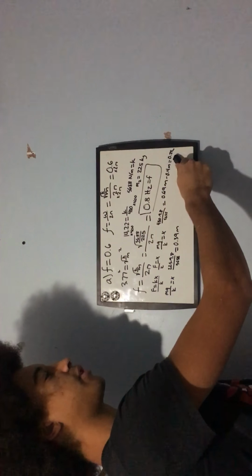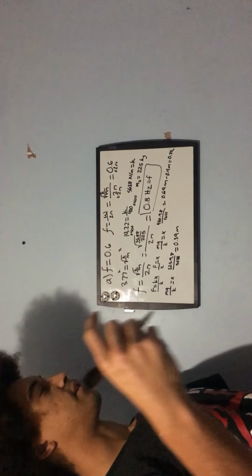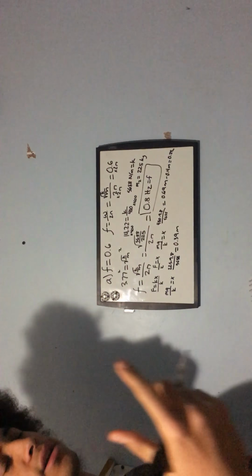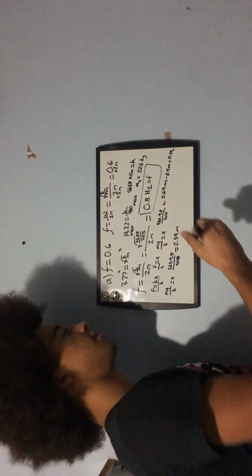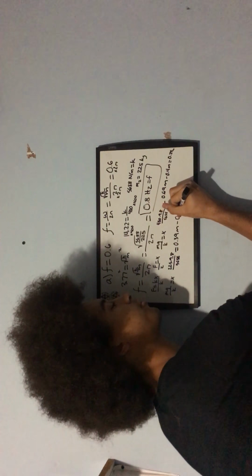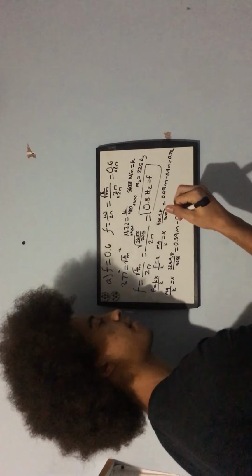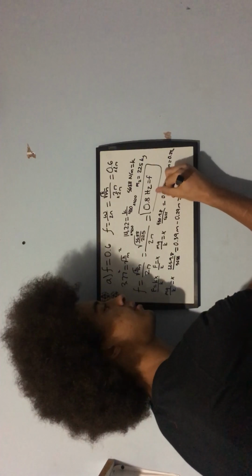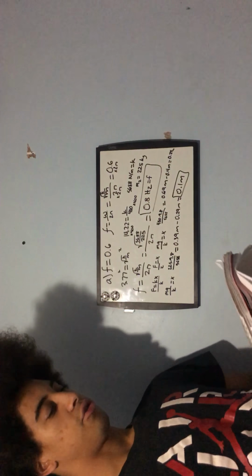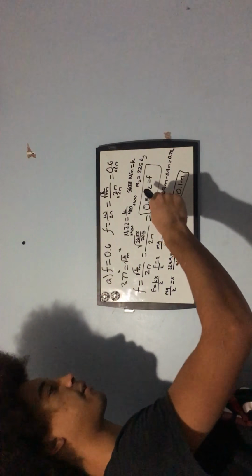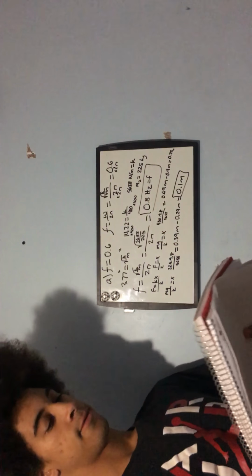So this 0.29 meters is just the resting length of the spring, the resting distance that's stretched out. So then we'll subtract 0.29 meters from 0.39 meters again, and get 0.1 meters for the new amplitude for part A. So these are the frequency and the amplitude for part A.